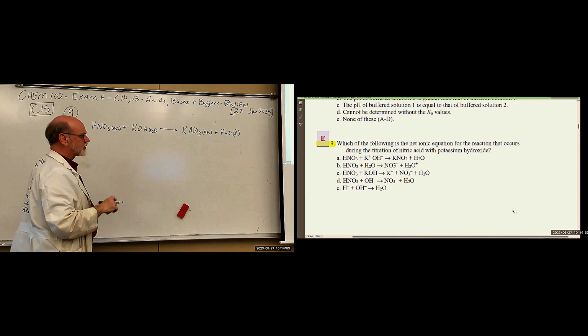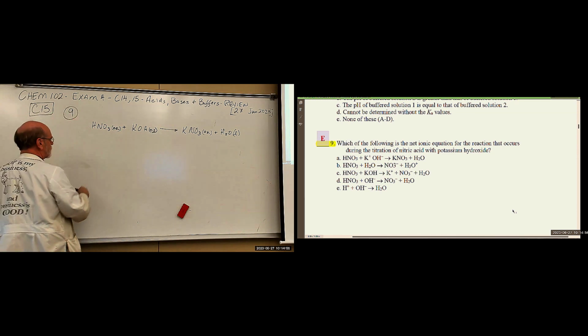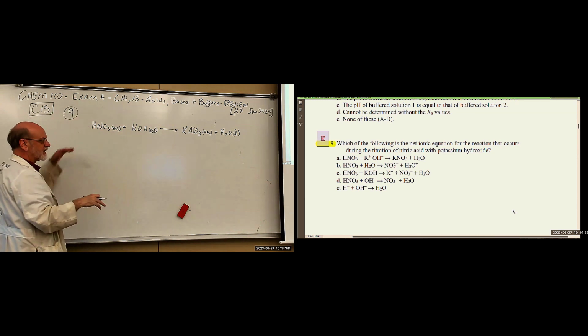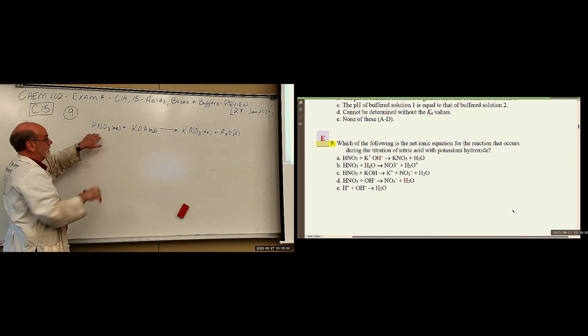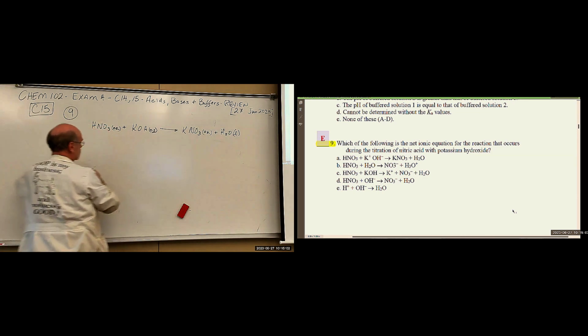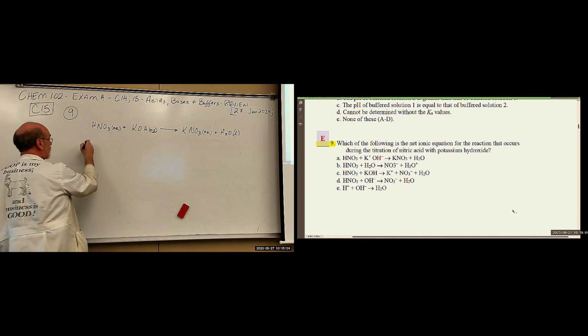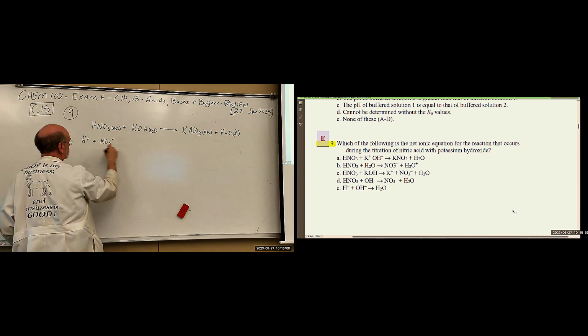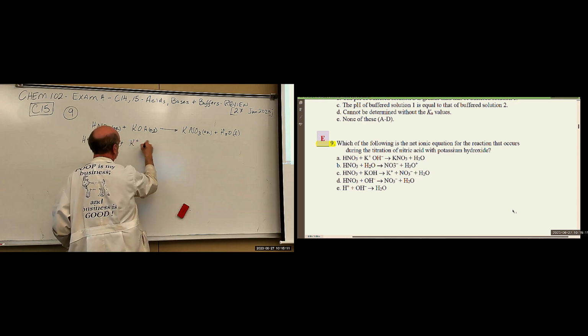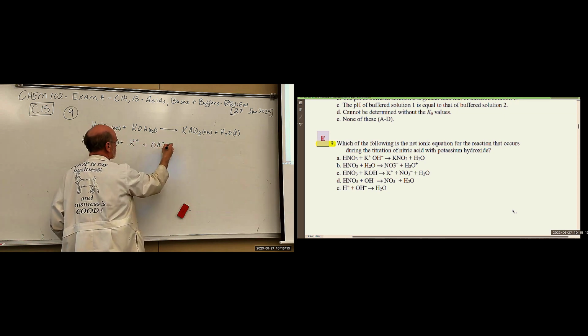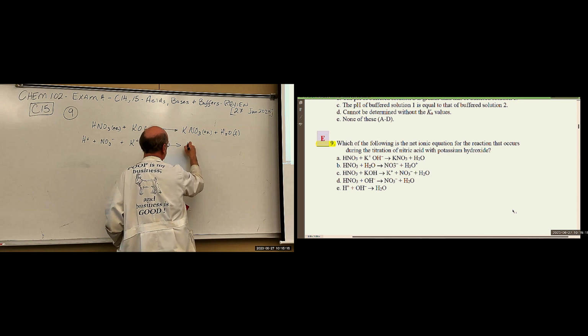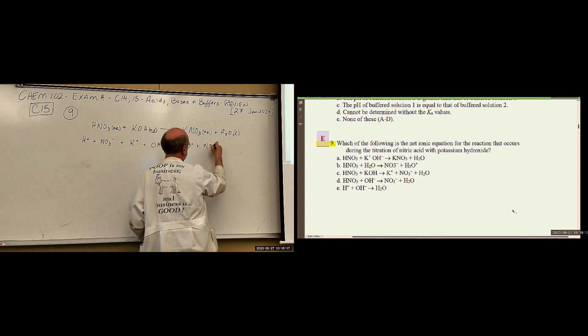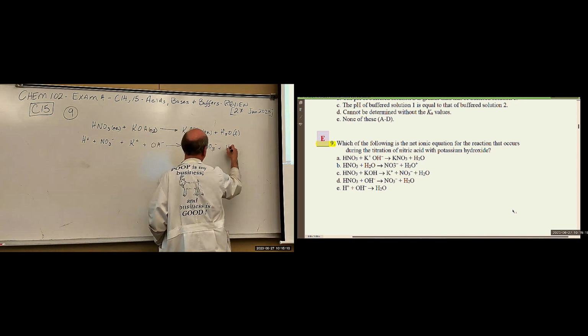Okay. So when we talk about net equations, we go through a sequence of complete ionic equation. This is already balanced, you can tell. Complete ionic equation will separate these guys out. And I'm leaving out the aqueous for convenience. These are all in aqueous solution except for water.